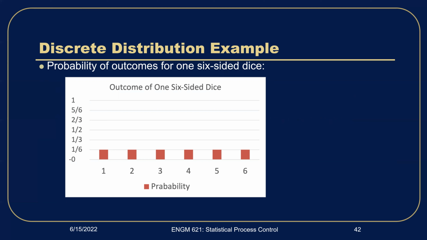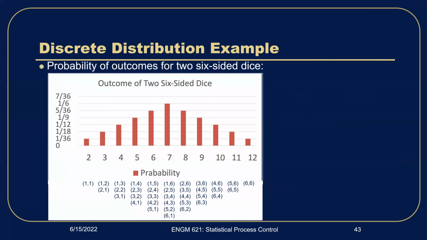It's like a uniform distribution, but it's discrete. If we roll 2 dice and use the sum, the probability of getting a 7 is the highest, which is the mean, median, and the mode of all the outcomes. The further the outcome is away from 7, the lower its probability is.